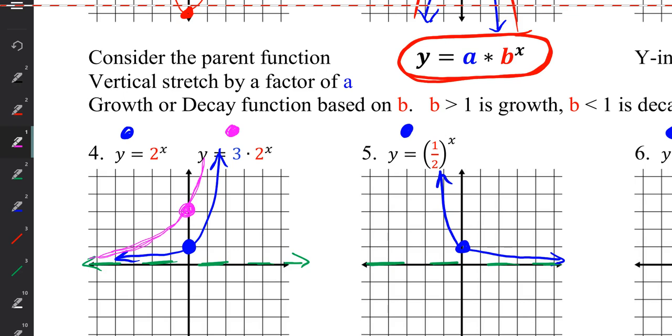So (0, 1) goes to (0, 4). I'm multiplying by 4, so 1 times 4 is 4. Do I have the same asymptote? You bet. So take your magenta line, go down to your asymptote, but if you touch it, you're going to get vaporized, like a lightsaber.